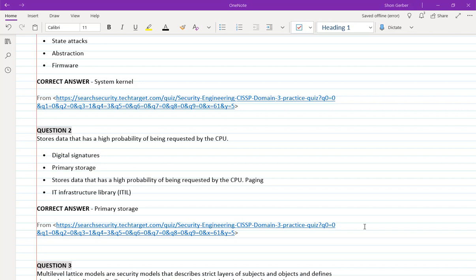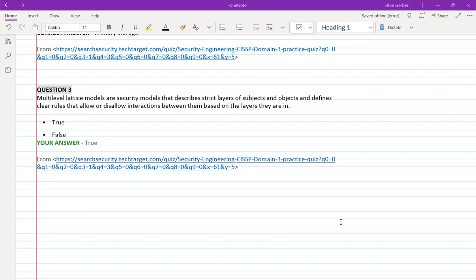C, paging. D, IT infrastructure library, or ITIL. Which stores data that has a high probability of being requested by the CPU? B, primary storage. That is the answer.